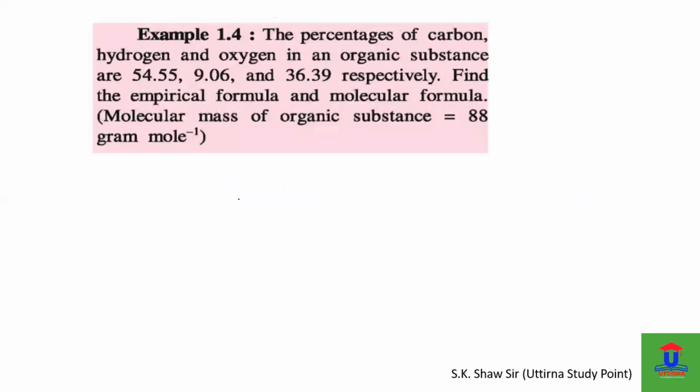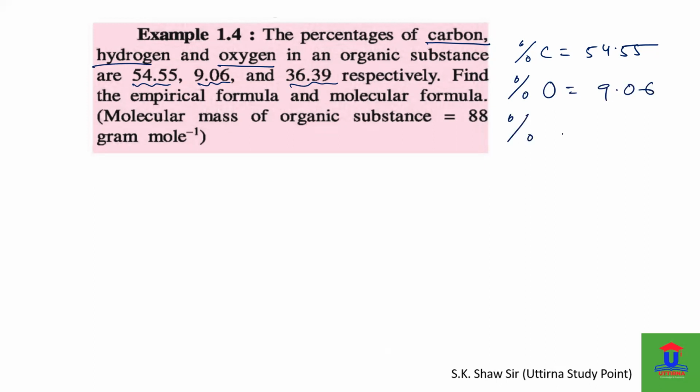Look here, the first question will be given like this: the percentage of carbon, hydrogen, oxygen in an organic substance is given in percentage, respectively. Percentage of carbon is equal to 54.55, the second one is hydrogen, which is 9.06, and the third one is oxygen, which is 36.3.